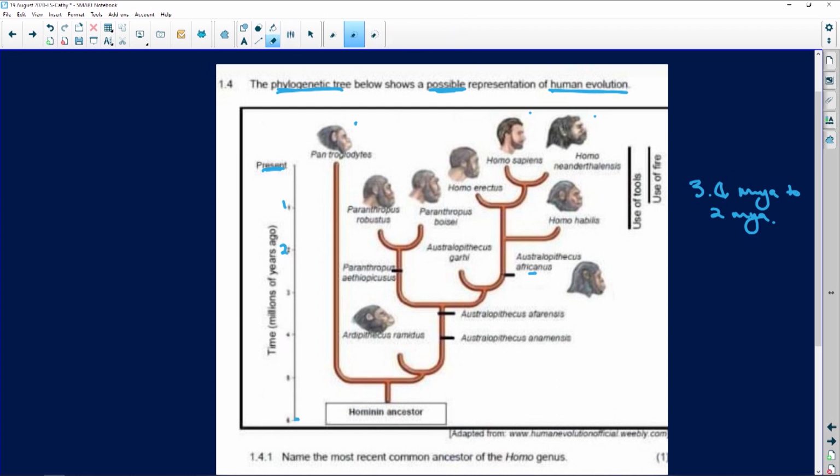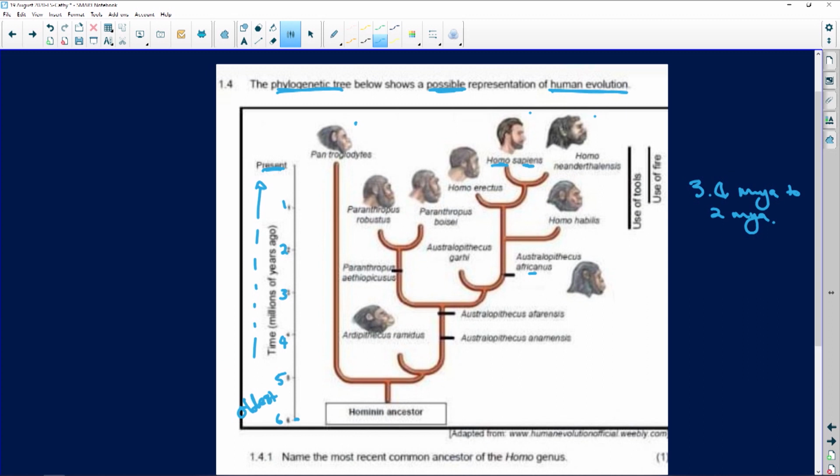I'm busy telling you it goes backwards and then I write the other way around. Okay, 1, 2, this is 3, 4, 5, 6. So we're going backwards, moving upwards towards the present time. These are going to be the oldest, and these are going to be Homo sapiens, which is us.